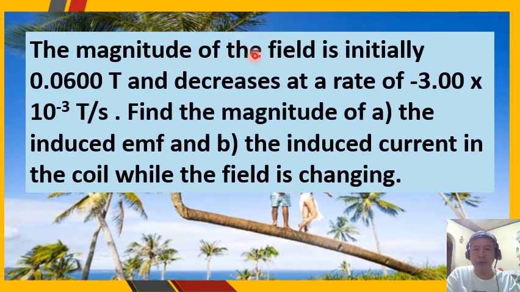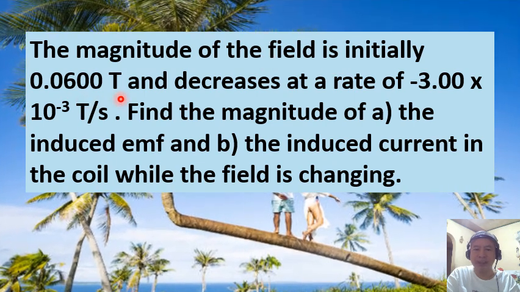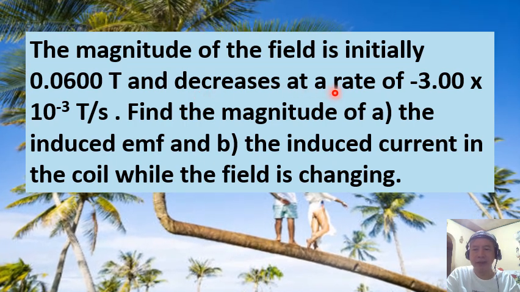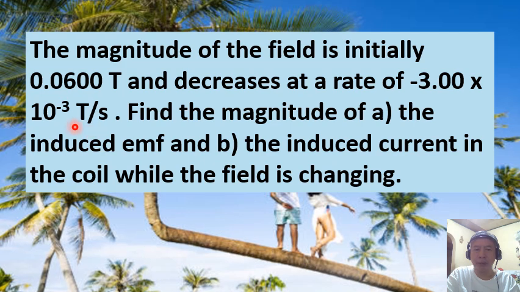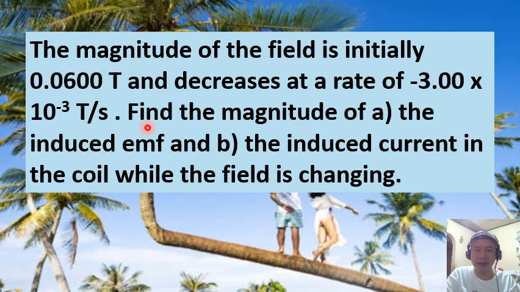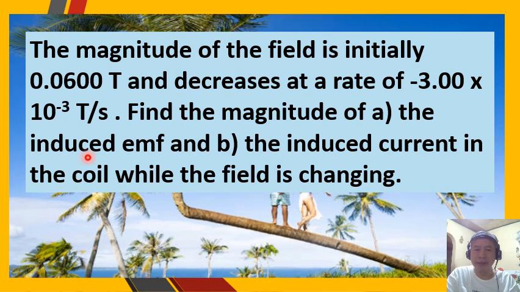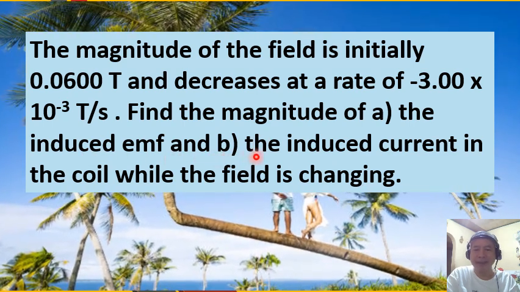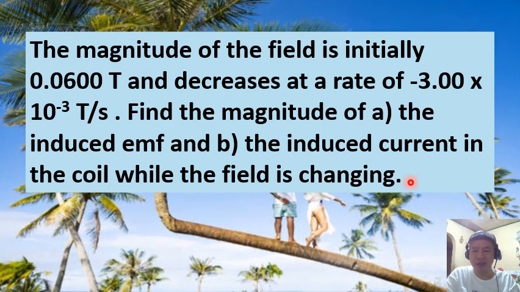The magnitude of the field is initially 0.0600 Tesla and decreases at the rate of negative 3.00 times 10 to the negative 3 Tesla per second. Find the magnitude of A, the induced EMF, and B, the induced current in the coil while the field is changing.